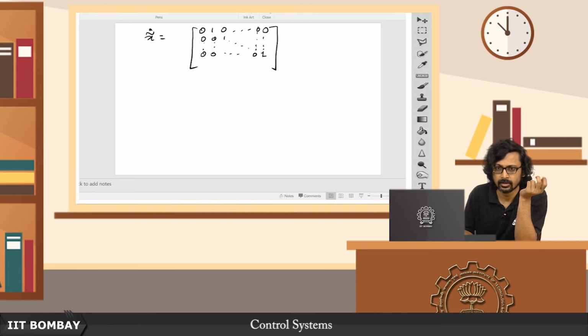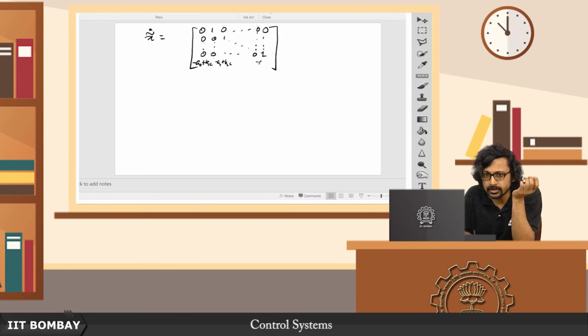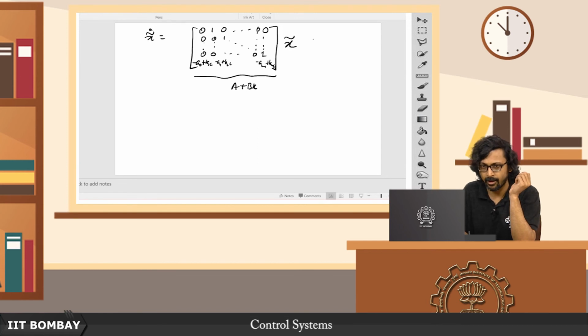So this is what it is, and in the last row, notice this is minus a0 plus k1c, the second term is minus a1 plus k2c, similarly the last term is minus a n minus 1 plus k n c. This is going to be my A plus BK times x tilde plus BC times r.